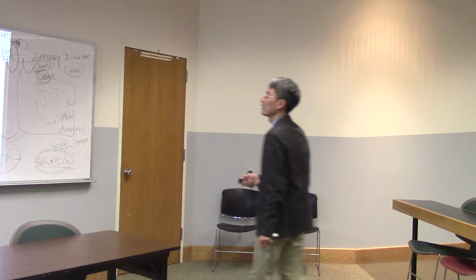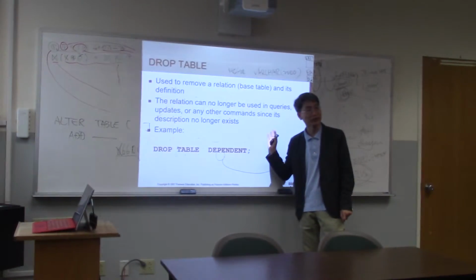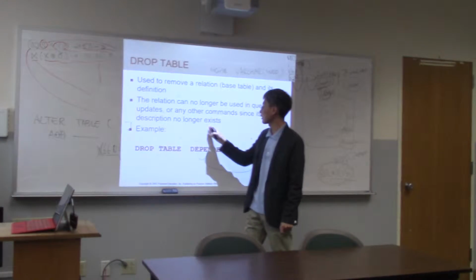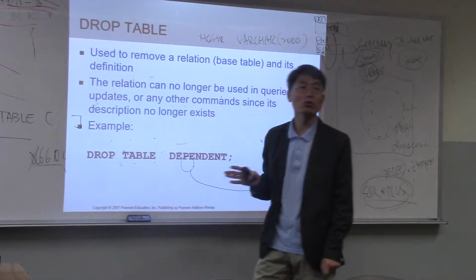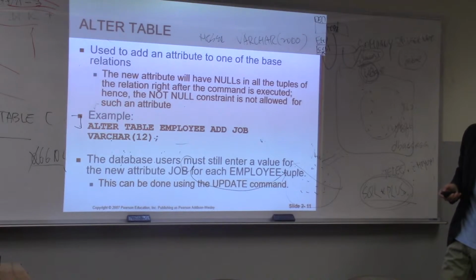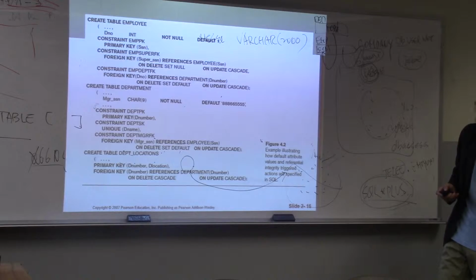Also, if your table has a constraint, for example, the dependent table or the employee table has a foreign key to this one, you cannot drop the table. To address that, I don't think we have that option here. Cascade.